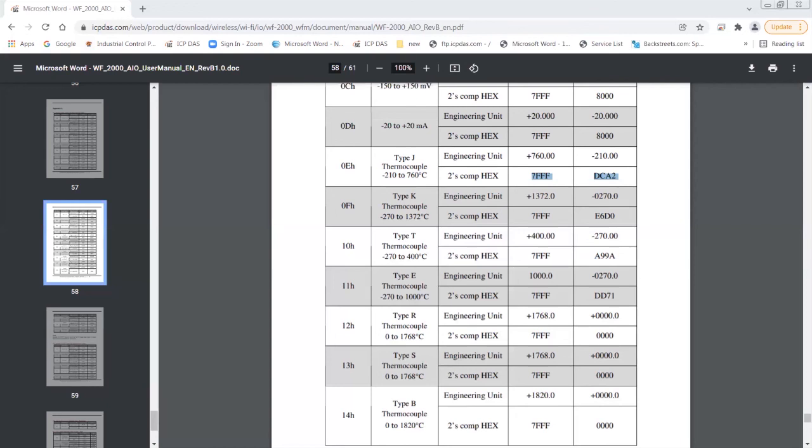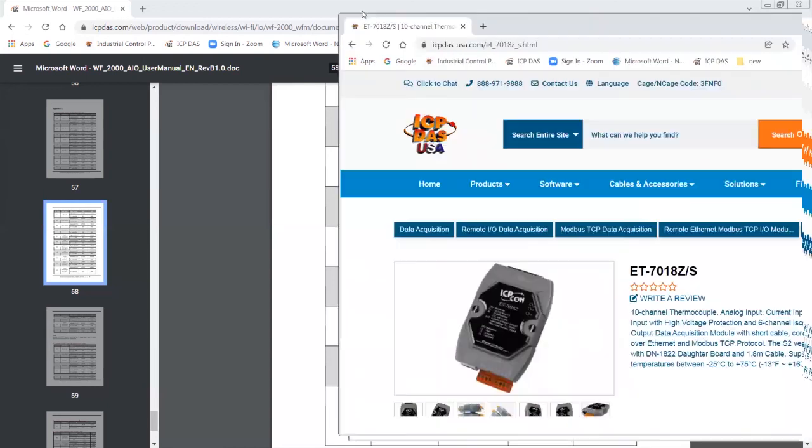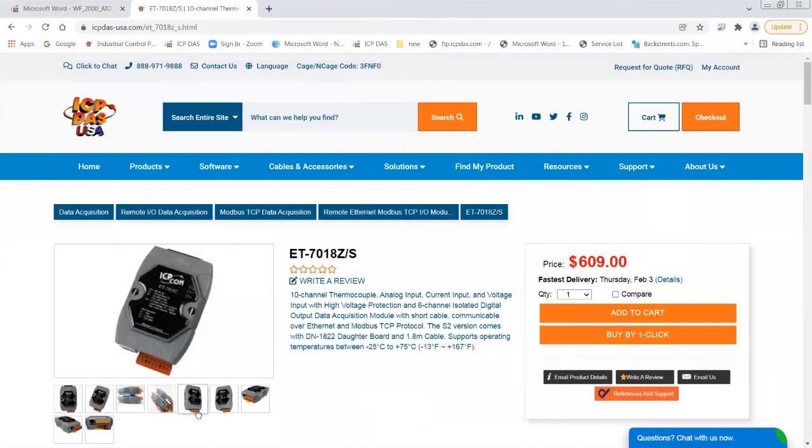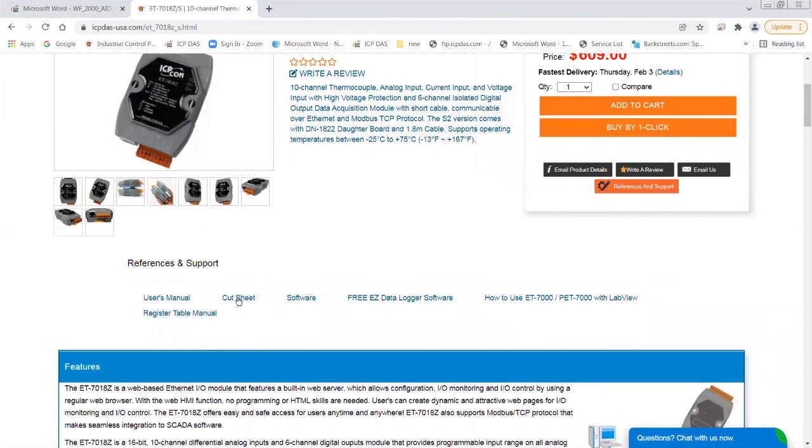Our CJC sensor, for this module, is located on the side or in the daughter board. The daughter board mounts on top, so let me get a picture for you.